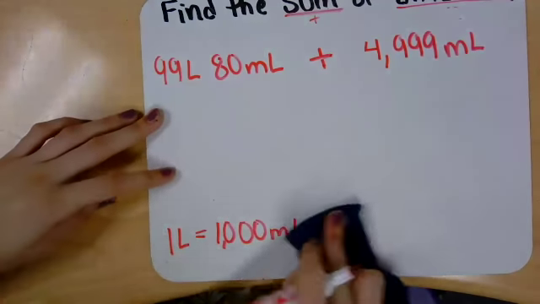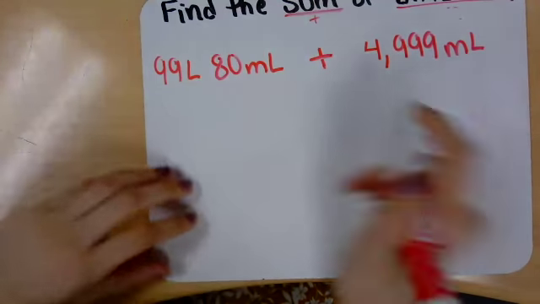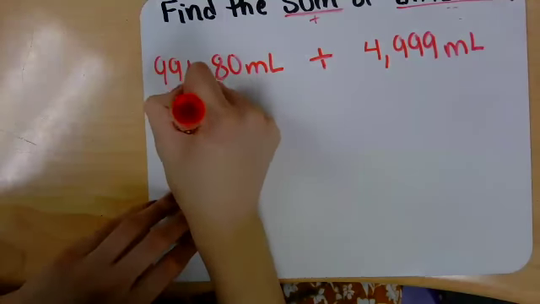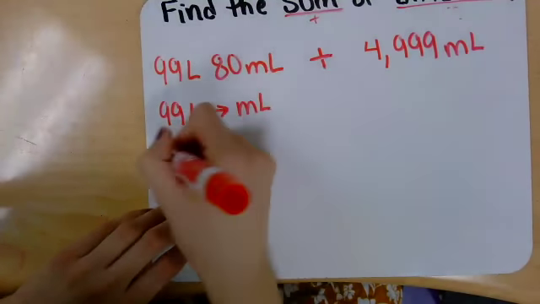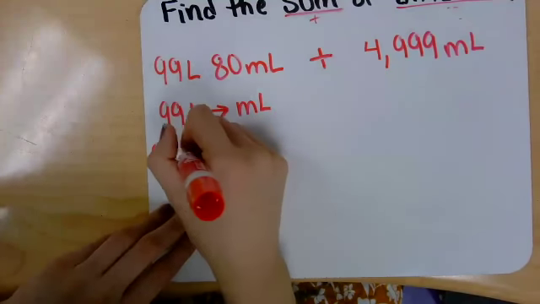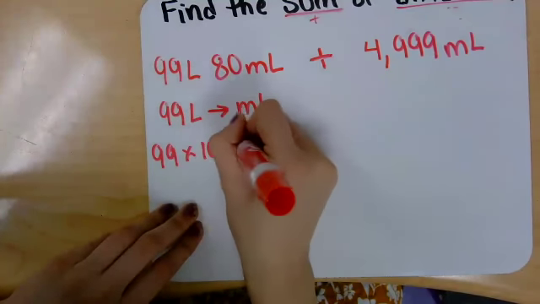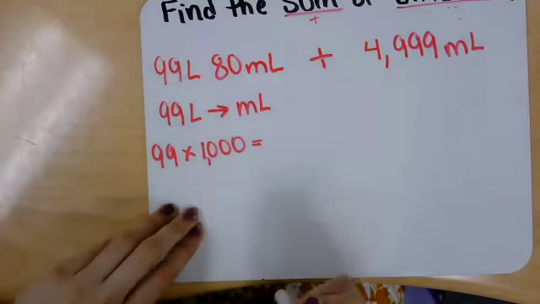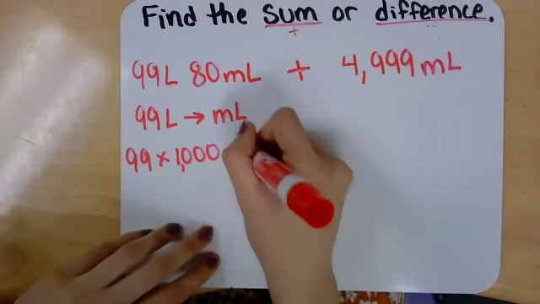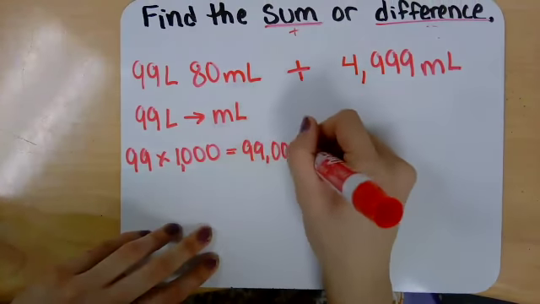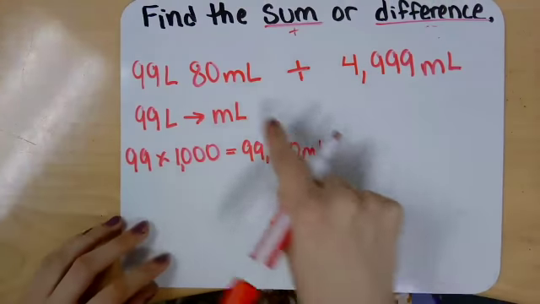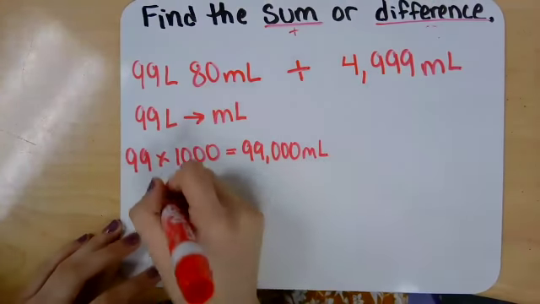So let's turn everything to milliliters. So we'll change our 99 liters to milliliters by multiplying 99 by 1,000. And we get 99,000 milliliters. Okay, now let's not forget our 80 milliliters.